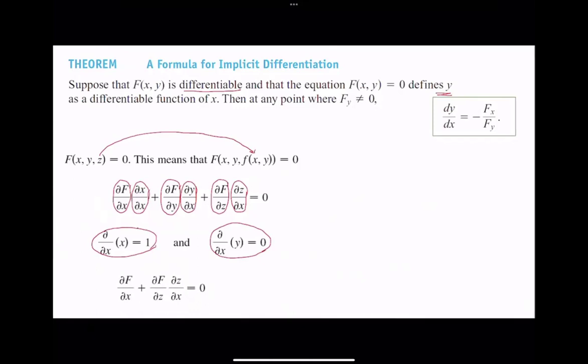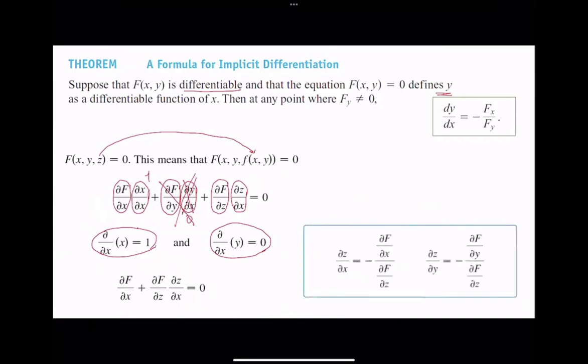Here you have a 1, and this guy is 0. So the whole middle term disappears. You end up with partial derivative of f with respect to x plus partial derivative of f with respect to z times partial derivative of z with respect to x. On the right-hand side, it is 0. So you can simplify this.